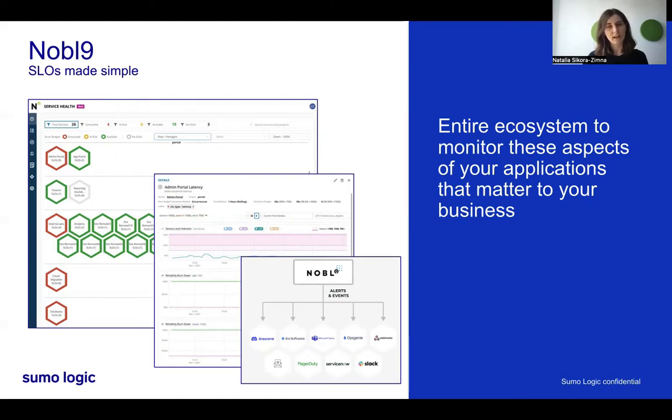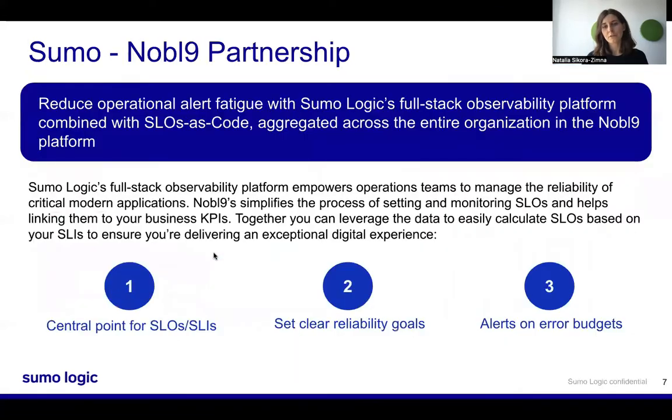And the beauty of the Sumo Logic and Nobl9 partnership is that both share the same values, simplifying the process of gathering data and using it to monitor your application. Sumo Logic's platform empowers operations teams to collect data, monitor, and manage the reliability of your applications.